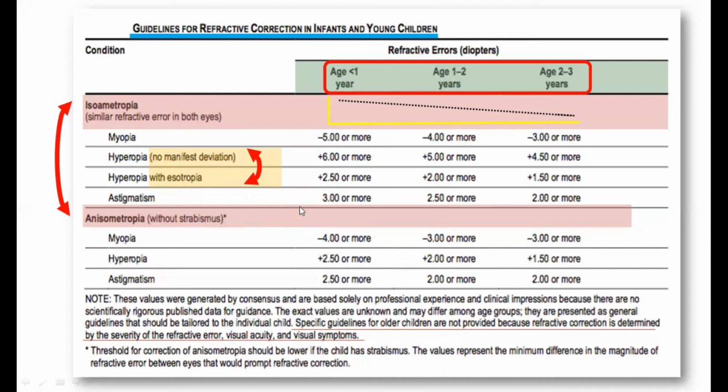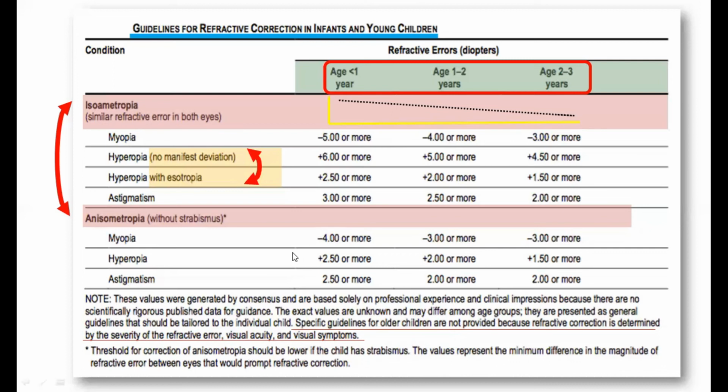Furthermore, usually the threshold for astigmatism is also lower, in comparison to myopia or hyperopia without eso deviation. And if we compare isoametropia versus anisometropia, we will find that the numbers are lower in anisometropia versus isoametropia.